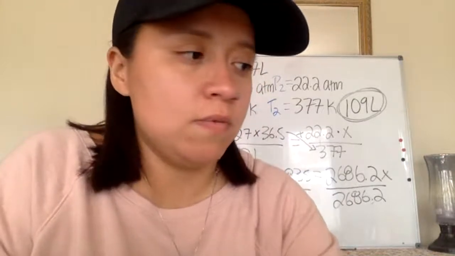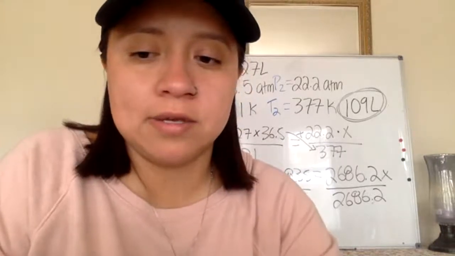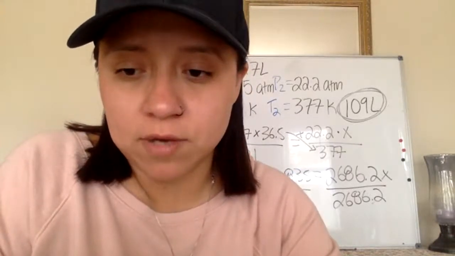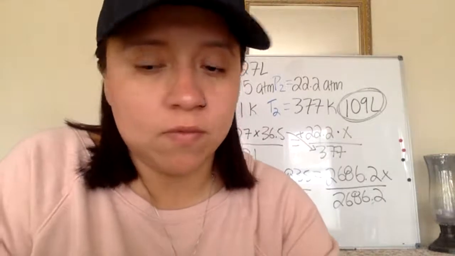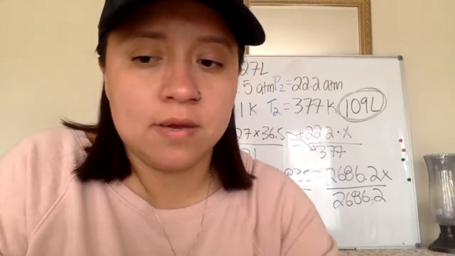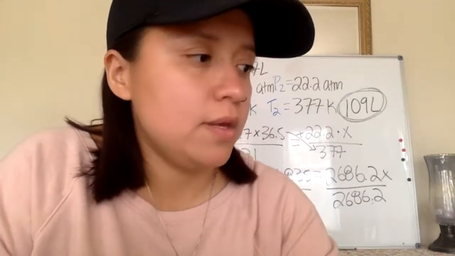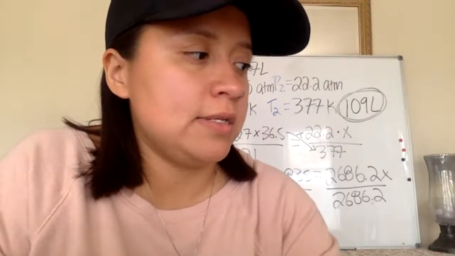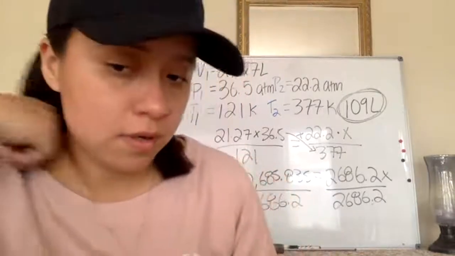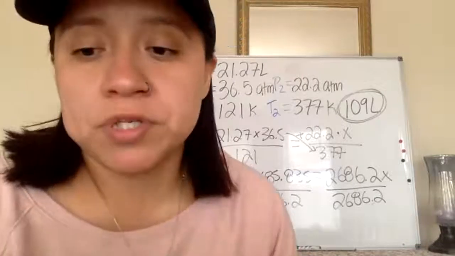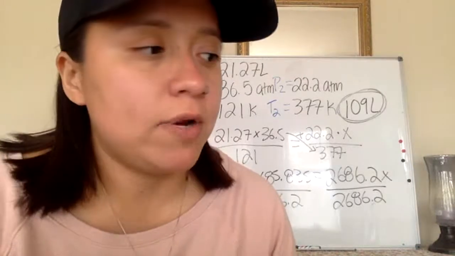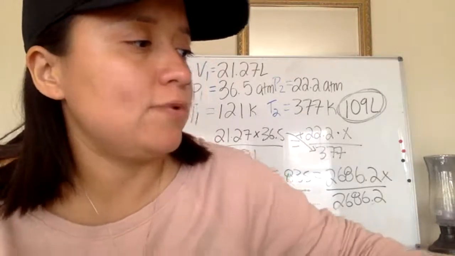What volume would the gas be at STP? Okay, number 14 looks something like that. I want to make sure we get that one done, and then we'll do number 1 of the ideal gas law.